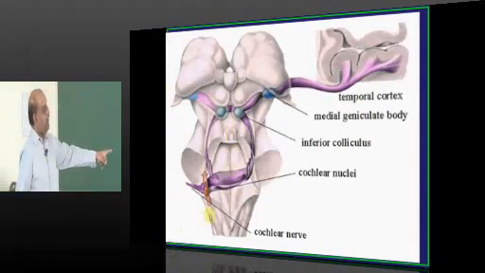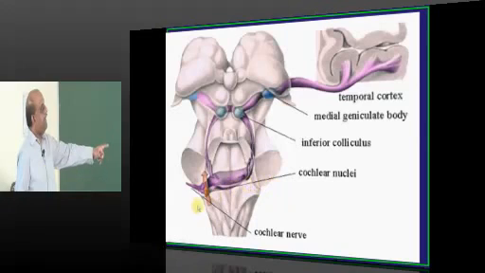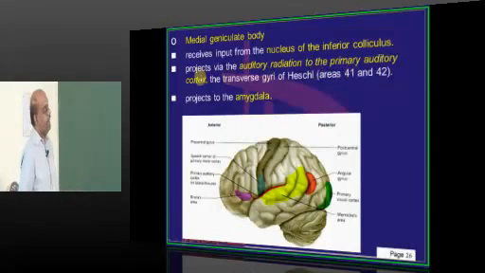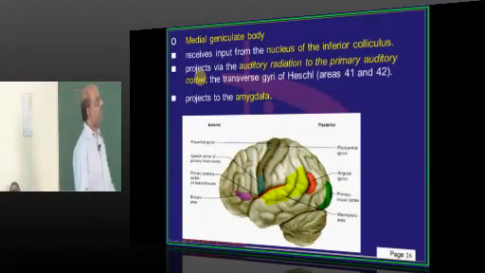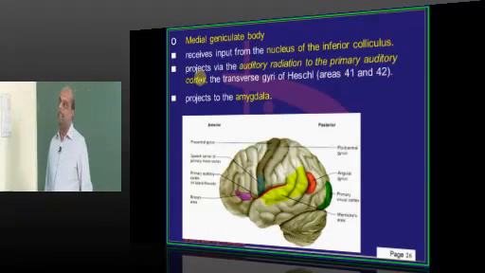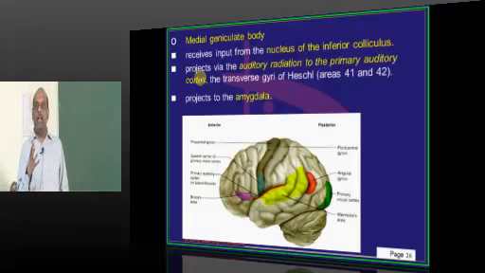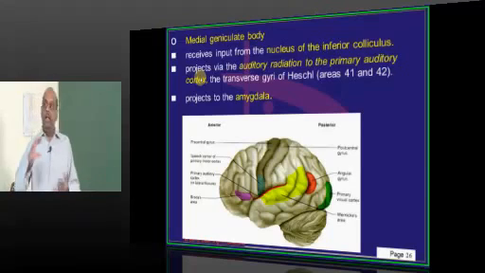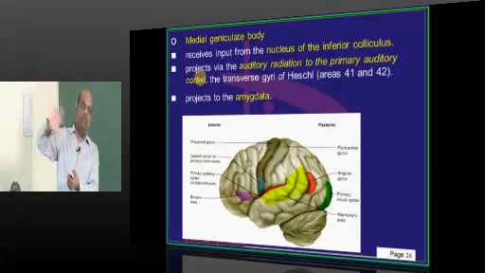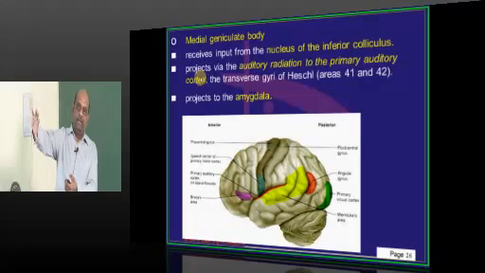So once more: cochlear nerve, cochlear nuclei, then inferior colliculus, medial geniculate body, and the temporal cortex. Then what is the medial geniculate body? It is typically located in the thalamus, the part of the thalamus which is dedicated to receiving the information of audition. That is called the auditory thalamus.